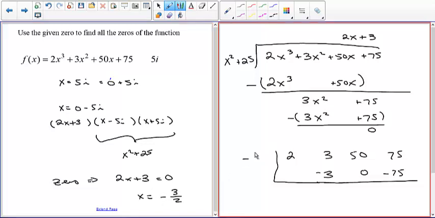If I take the original polynomial and divide by x plus 3/2, where the factor x plus 3/2 equals 0, what'll happen is you bring this down. 2 times negative 3 halves is negative 3. 3 plus negative 3 is 0.